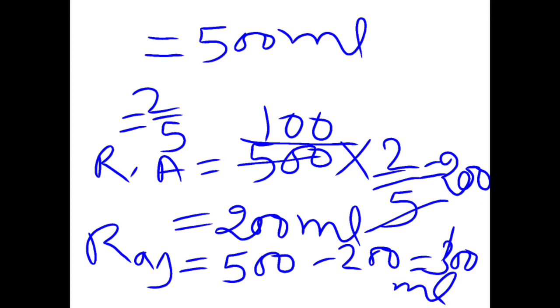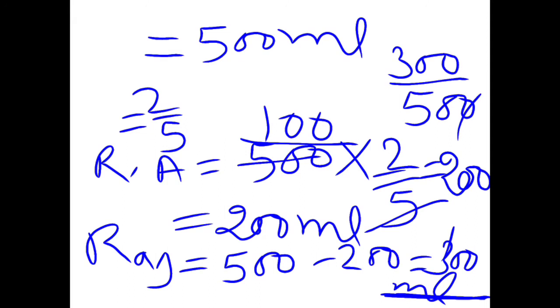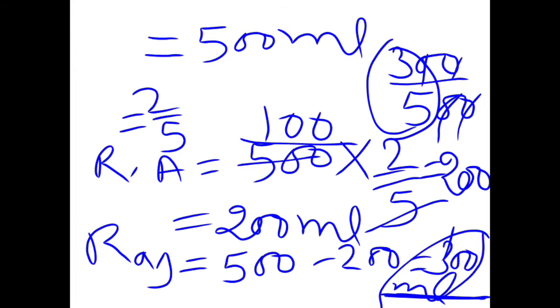Okay, 300 ml is the answer, and if you want that answer in fraction form, then you can take the amount drunk by Raj and divide by the total amount, that gives you the fractional part. So that is 3 upon 5th. You can write both as the answer. Okay, hope you understand.